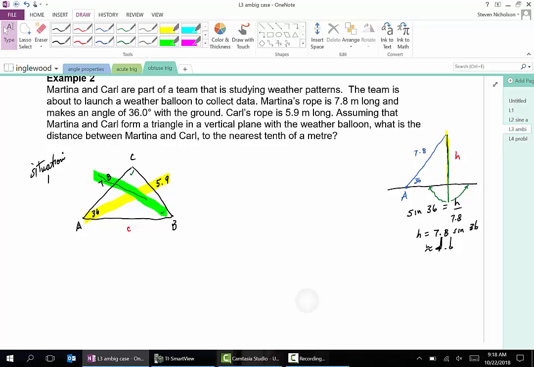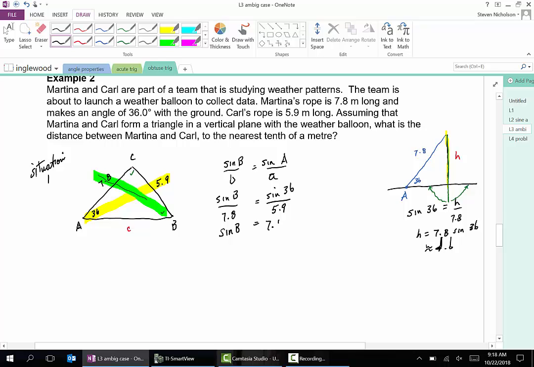So we're going to go ahead and find angle B. Given that we want to find the angle, we're going to use this version of the sine law, where we always want to put the unknown on the top. And when we do that, we'll have the sine of B over little b, which is 7.8, is equal to the sine of 36 over 5.9.